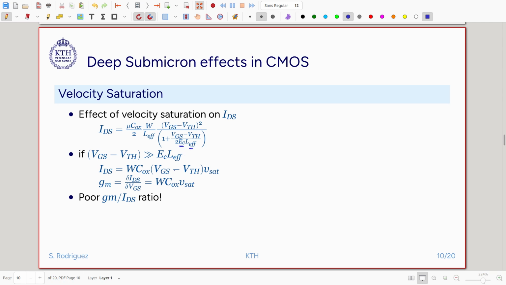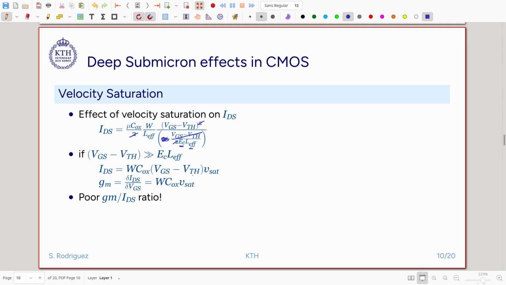So what we see is that when we apply a large gate to source voltage, the overdrive voltage, VGS minus VTH, becomes much larger than the saturation electrical field times the length of the transistor. Then this simplifies with this, and the current depends linearly on VGS minus VTH.